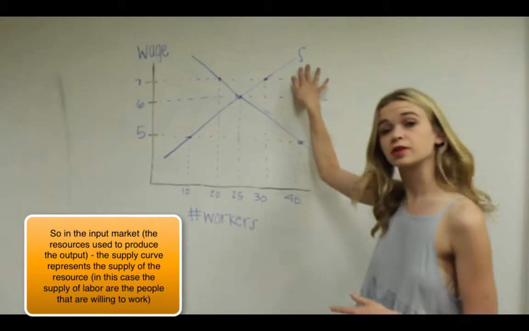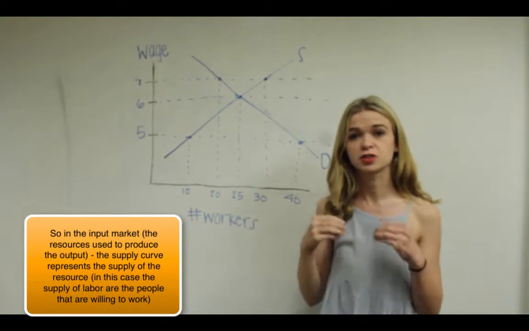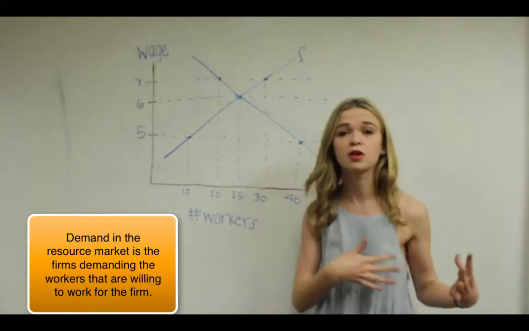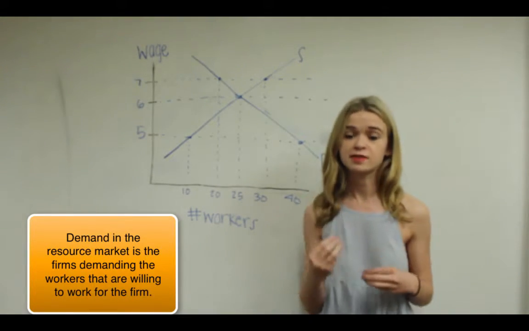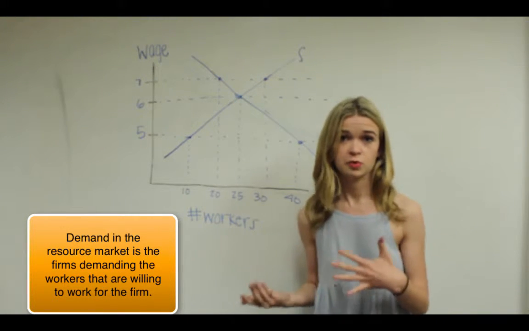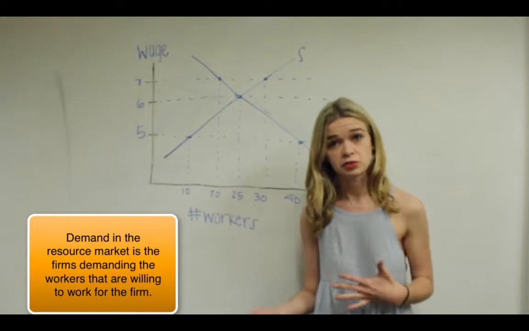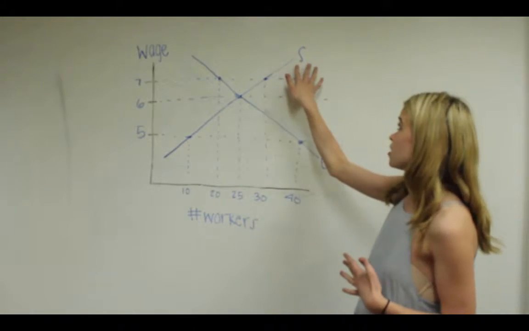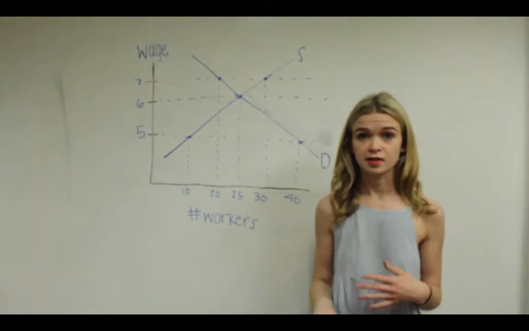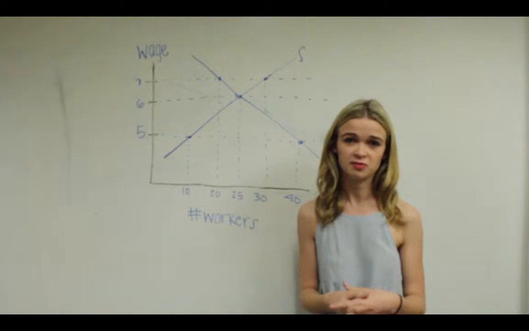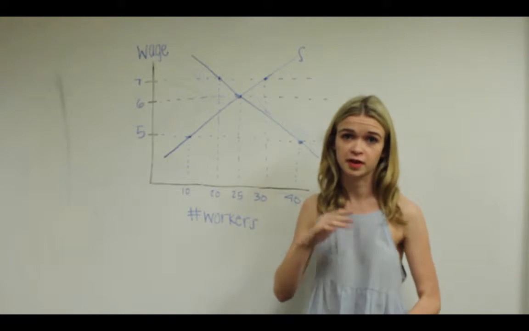We would be considered the supply because we're supplying our labor. The demand is going to be big companies or small companies alike who are demanding labor. They want workers to come in to help them make their products or to provide a service. So it's important to remember that the supply here is us little guys and the demand is the companies. But that's just the easiest way to remember it since we're switching from an output market to an input market.